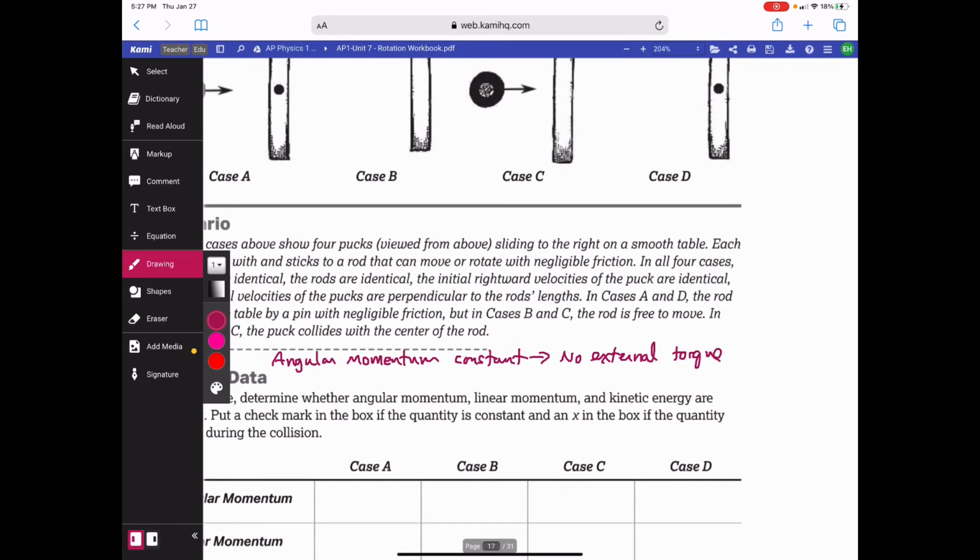In other words, you may have a change in rotational inertia causing a change in rotational speed, but you have no external torque being applied. When that happens, angular momentum stays the same before and after any collision.